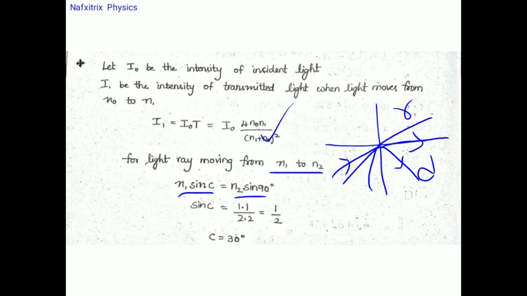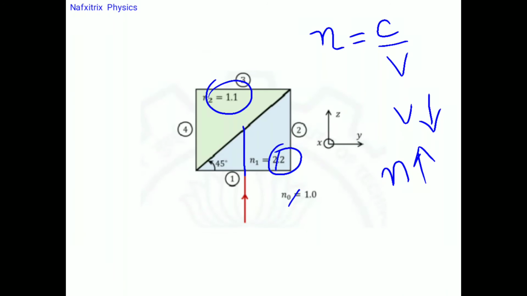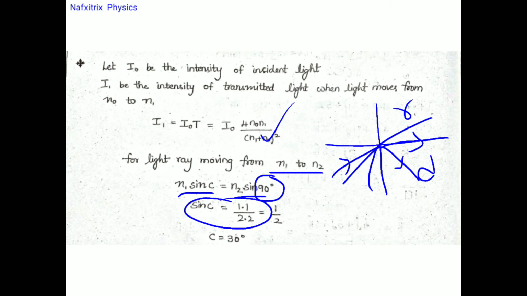And at the critical angle theta c, the angle of refraction is 90 degrees. So sin 90 is 1, sin c we don't know, n2 by n1 is nothing but sin c, and we see here n2 is 1.1 and n1 is 2.2. So 1.1 divided by 2.2, that means 11 by 22, that means 1 by 2.